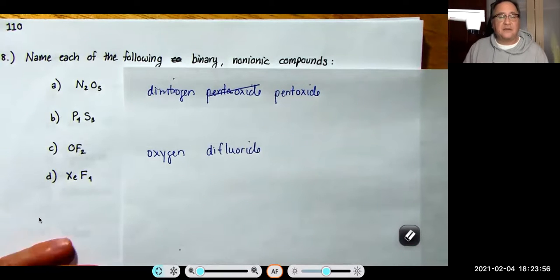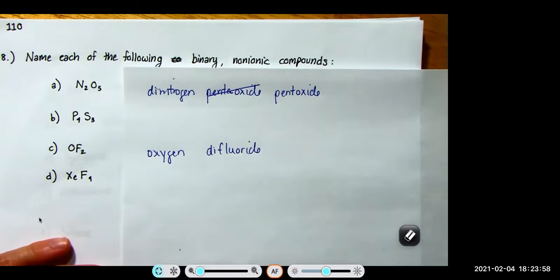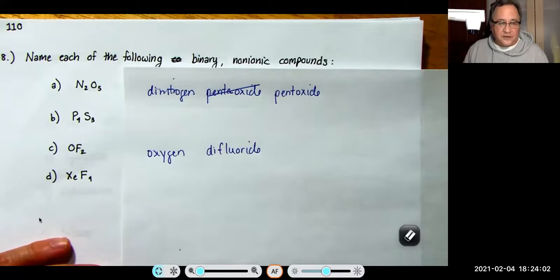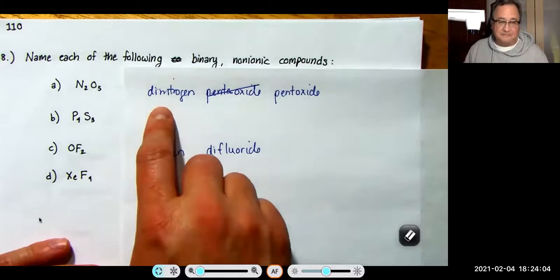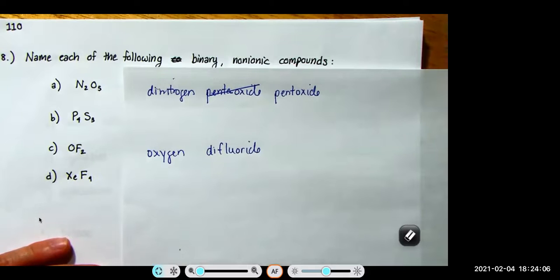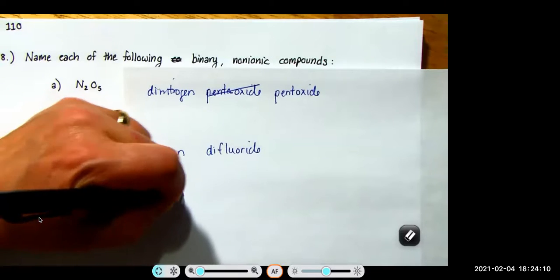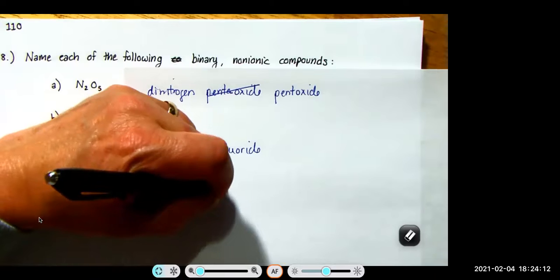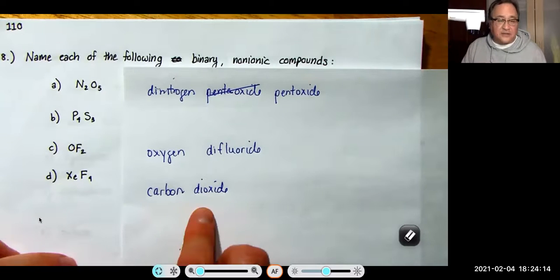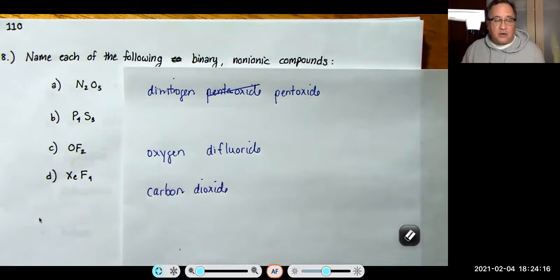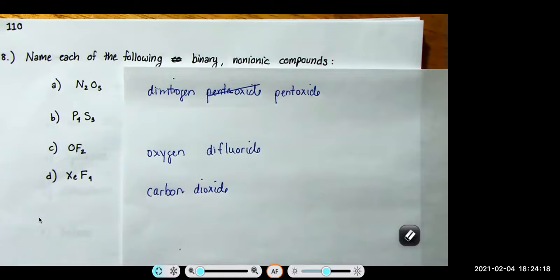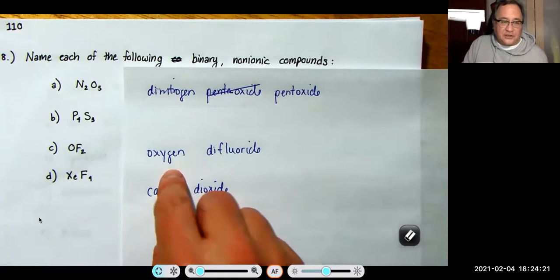Now, when would you use mono? Wouldn't that be mono difluoride? No, you only use a prefix on the first one if there's more than one. Think carbon dioxide. But mono is one. I know mono is one, but think carbon dioxide. Do we use monocarbon? Oh, yeah, okay, that makes sense. So we're not going to use mono oxygen here.